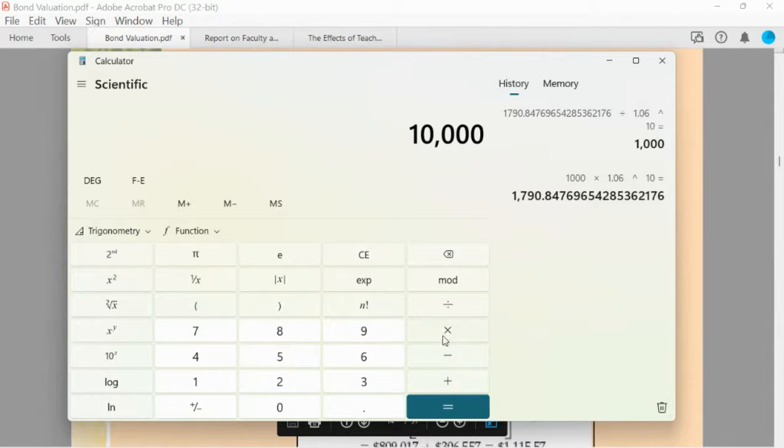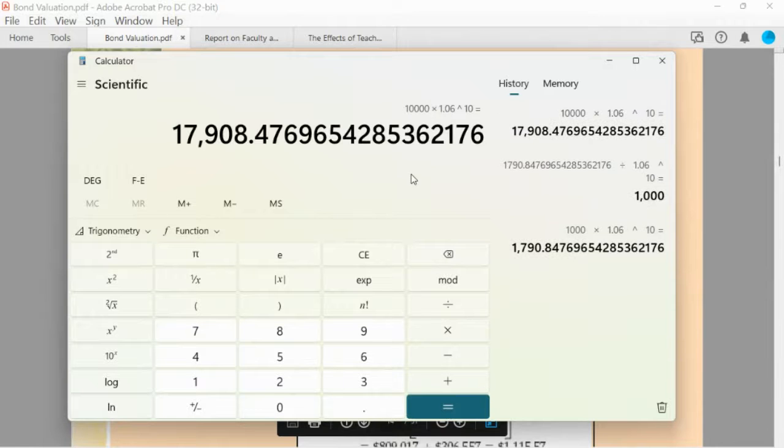We know how to do that. 10,000 times 1.06 raised to 10. That's going to be the future value of that 10,000, right?